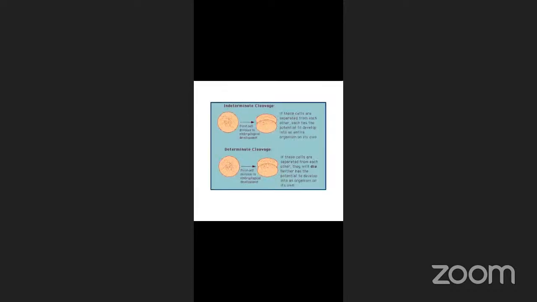So this is indeterminate cleavage and determinate cleavage. In indeterminate cleavage, in the first cell division where one cell becomes two, if these cells are separated from each other, each has the potential to develop into the entire organism. So every cell has the potential to become the complete organism.